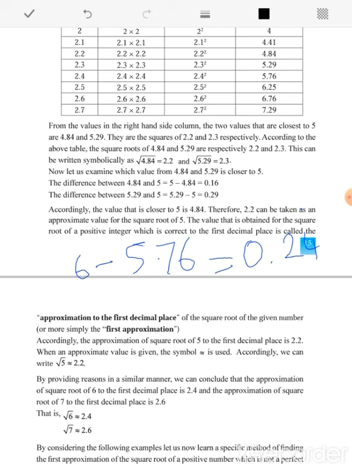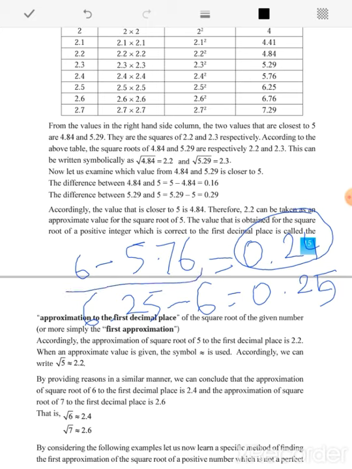Likewise, the difference between 6.25 and 6 is equal to 0.25. So this one is smaller than this one, so the difference between these two numbers is small.